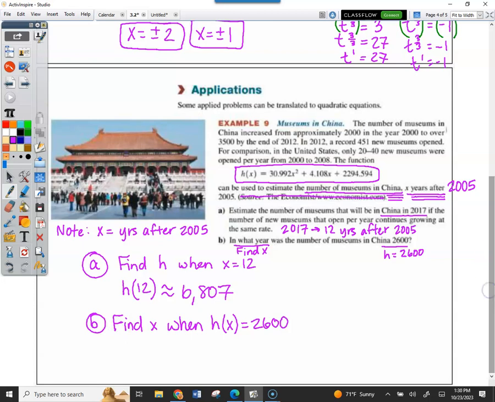And I'll run out of room. All right, so I'm going to replace H of X with 2,600. No, I'm not. I'm going to do this because I've run out of room.